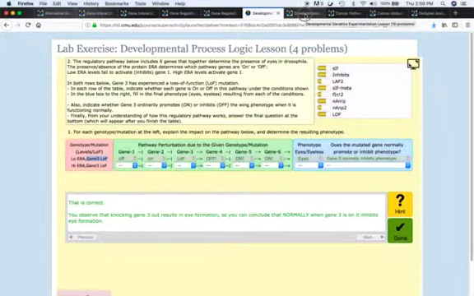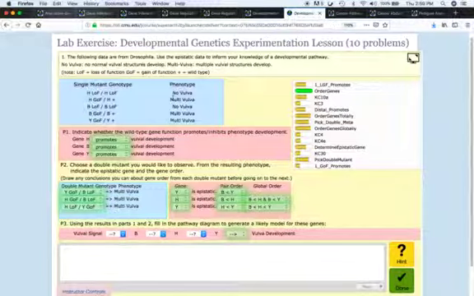In the backward version, or the experimental version of this lesson, they're given a set of strains, and by performing crosses, by performing experiments, they learn about how the genes are ordered in a pathway, and whether each step in this pathway is activating or inhibiting the next step in the pathway.